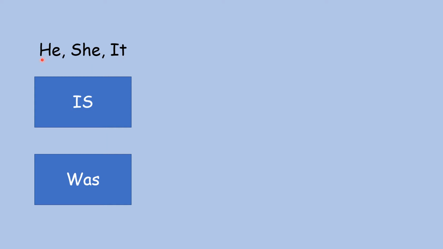He stands for a boy or a man. She stands for a girl or a lady, and it stands for a thing or an animal. So the words is and was are used when these pronouns are present or words that represent it.